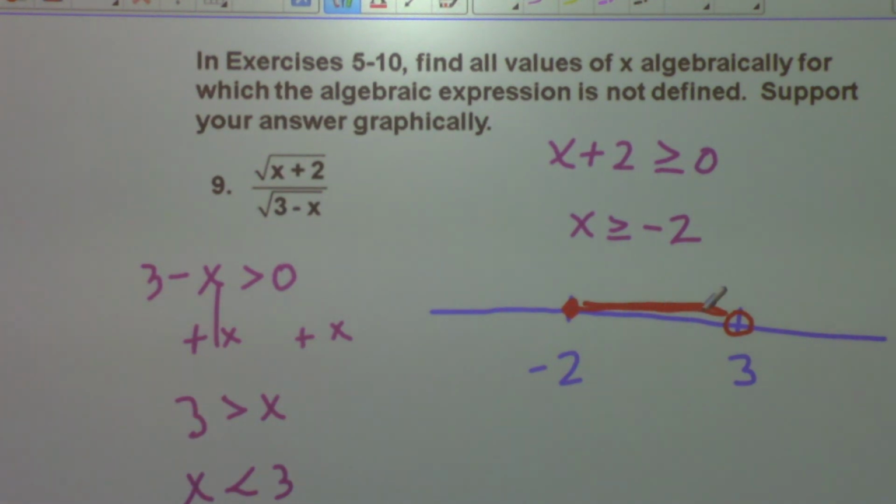Yes. And the reason this is helpful to me is because you have to take these two conditions into account. And so now to answer the question where the expression is not defined, how do we get from here to where the expression is not defined? X is less than or equal to -2. He says x is less than or equal to -2. Is that right? It's going to be less than -2. -2 is greater than x.